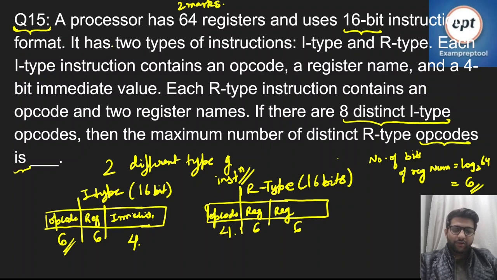right? So what you have to do is start with the opcode of the least length, right? You can use this method even for 3 different types of instruction. So we will start with the least value and see how many maximum opcodes can be there for that particular value.